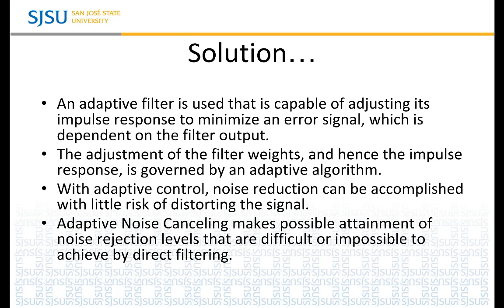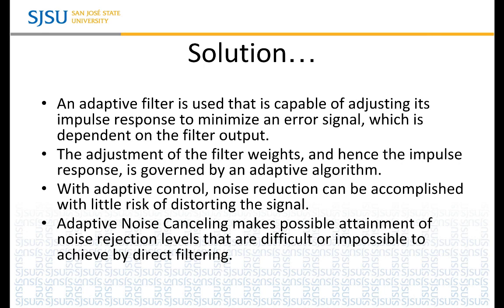Now, as I said, when the noise is not properly captured, there are problems of distortion of the signal. So what is the solution? The solution is, when the adaptive filter is used, it adjusts its impulse response from the error signal, and then it gives that to the output of the filter, and hence you can get the expected signal. There are filter weights and the impulse response which are responsible for the adaptive algorithm.